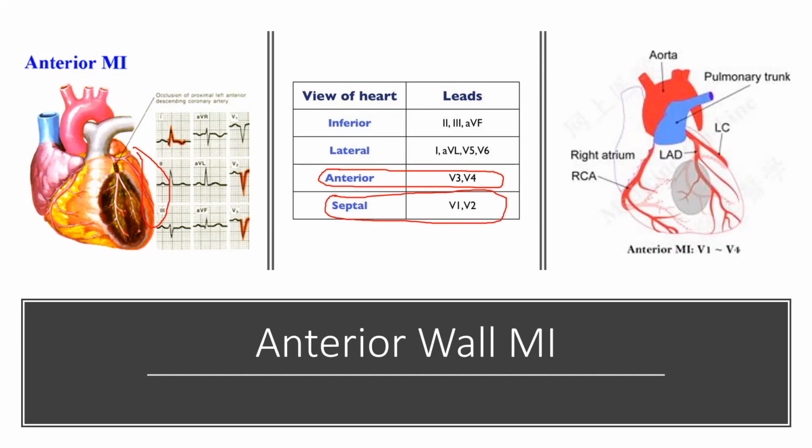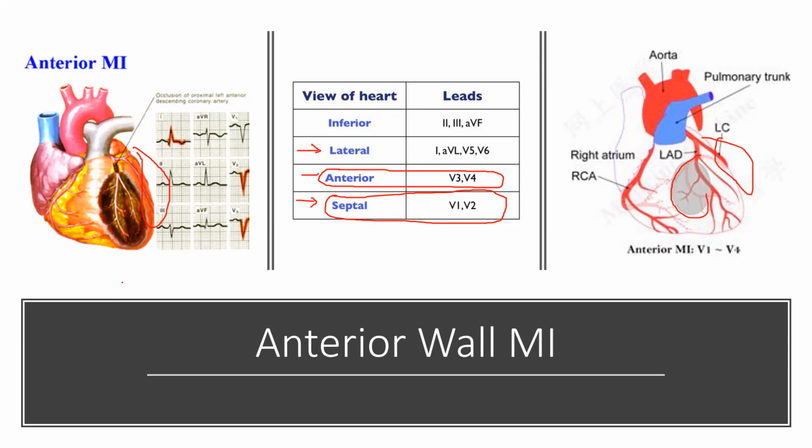Okay, is this clear? So understand now that the anterior portion of the heart may involve these other portions as well. And that is why whenever you see an anterior wall, it might be accompanied by lateral. It could also be accompanied by septal wall.